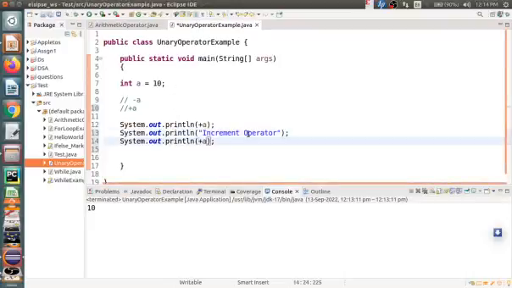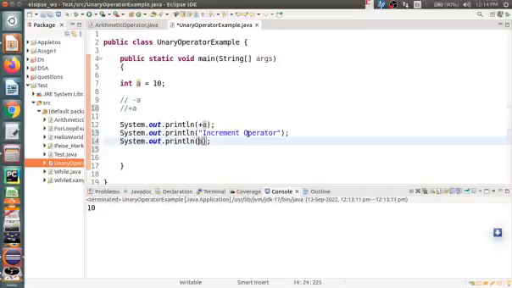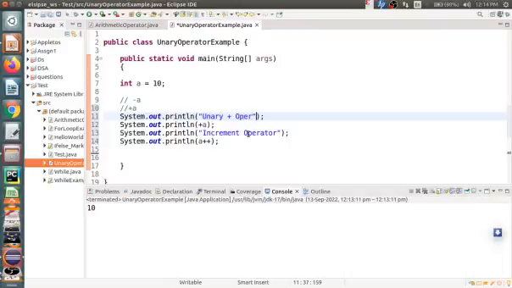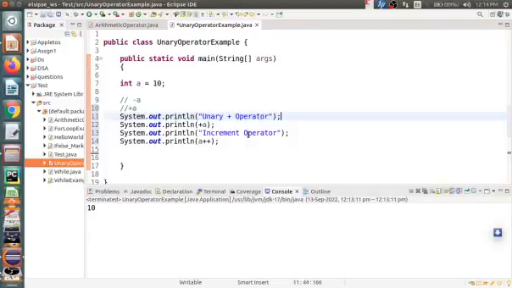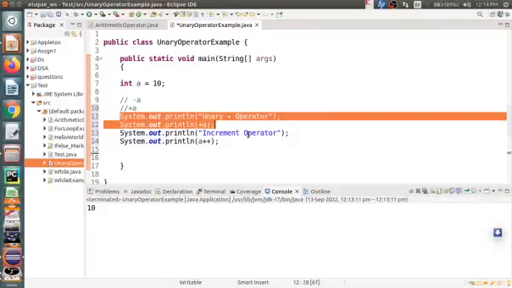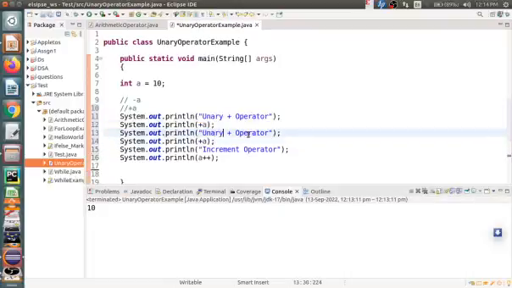Okay, so now let us see the increment operator. This is plus plus. And you write the unary plus operator. Then the unary negative operator, the minus operator, minus a.